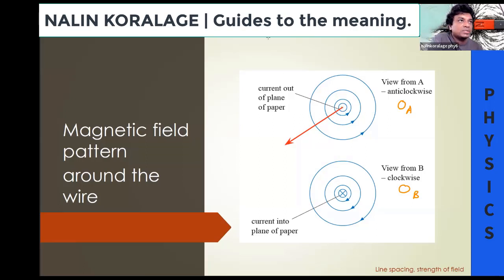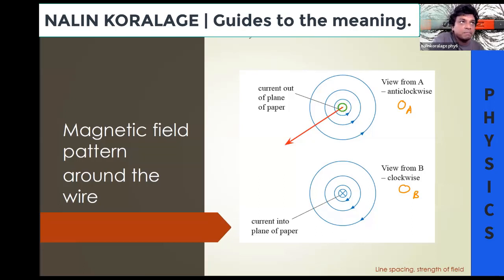Let's give it a color. Let's say that wire is represented by this green color circle.